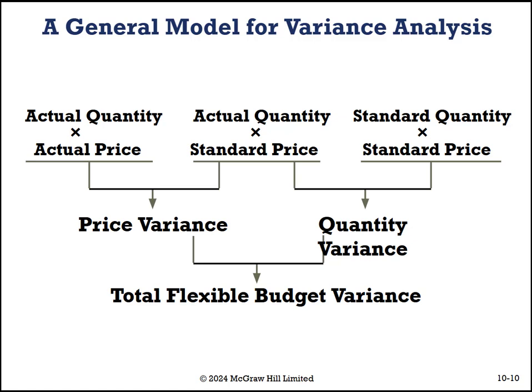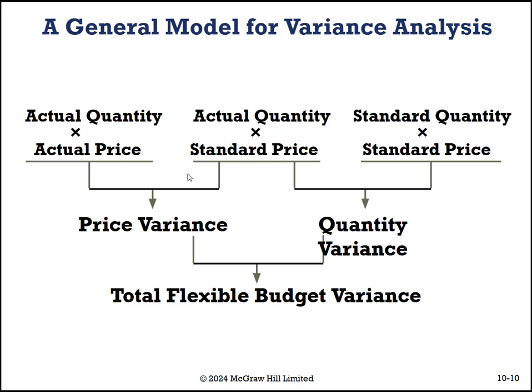Did the purchasing manager get a great deal? Did the production manager do better on their end? So we start off with AQ, actual quantity times actual price, on one side; on the other, standard quantity times standard price; and in the middle, what we actually used times our standard price, and then we subtract them to find the differences.